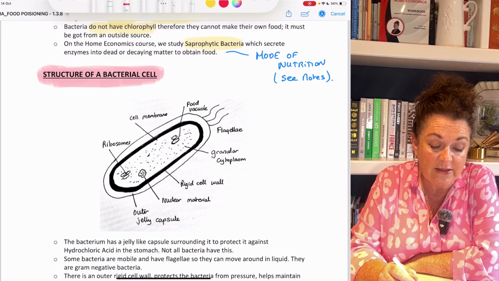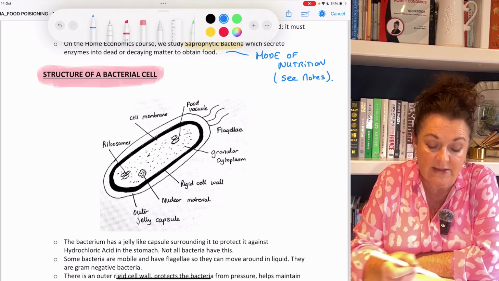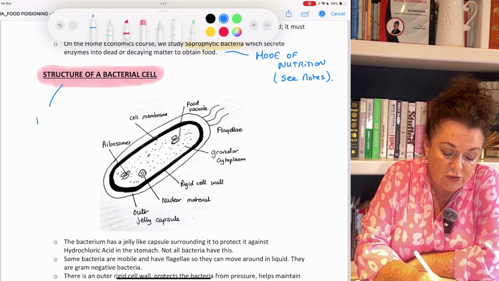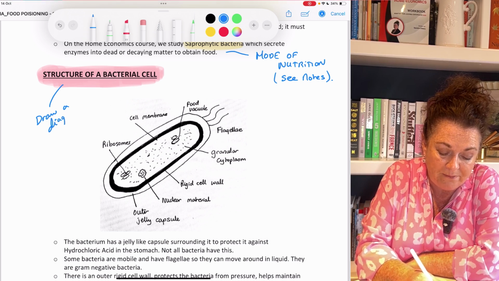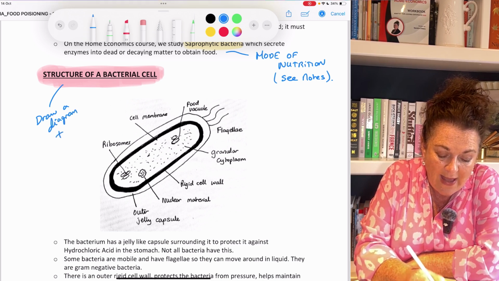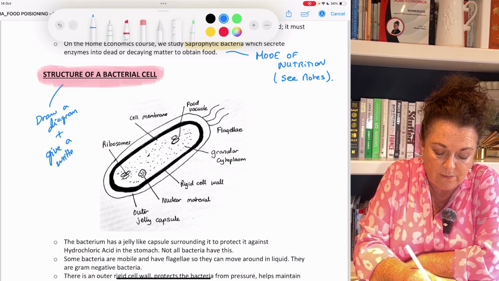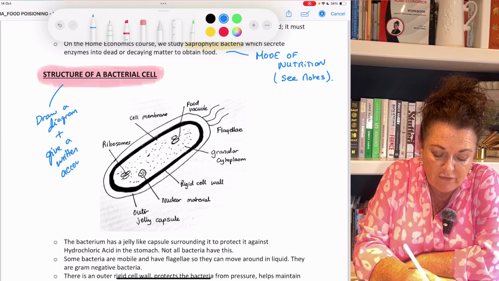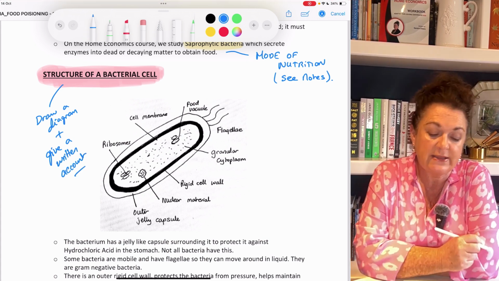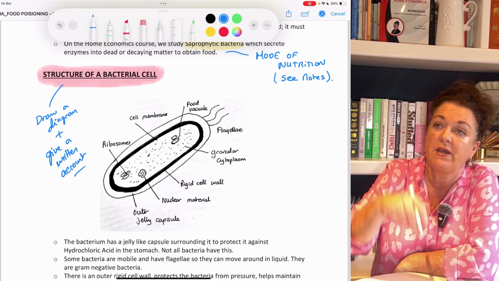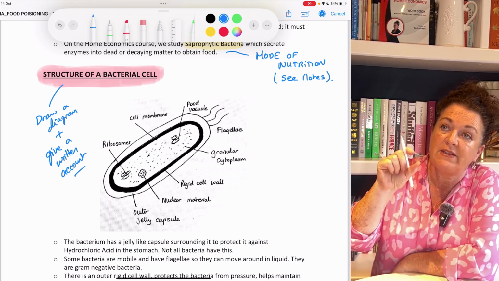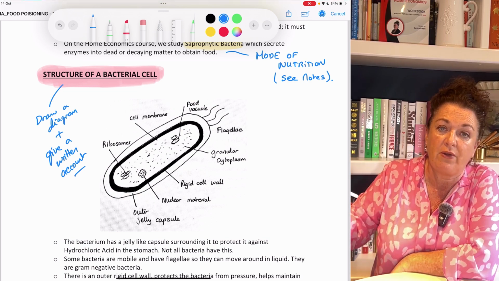It is nearly as common a term as classification. So for structure, you draw your diagram and you give a written account. So you must give both. The only exception to the rule is if the question was phrased, draw and label a particular diagram.